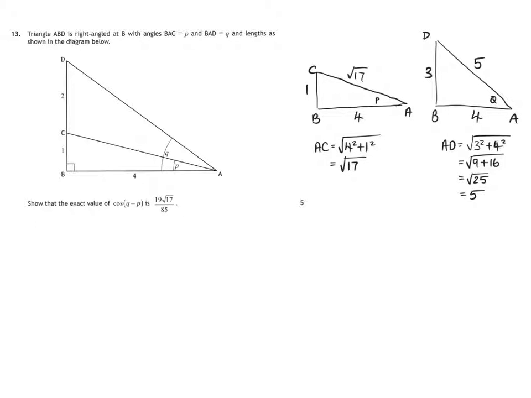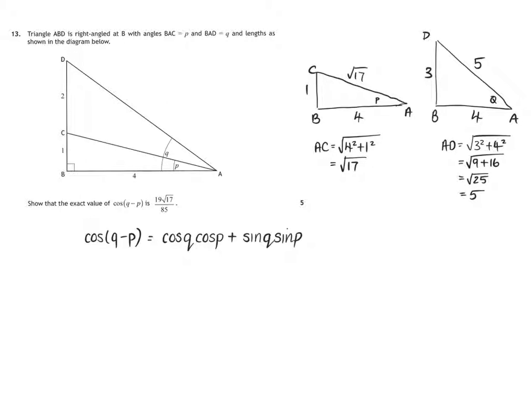So then, we take our cos (Q minus P) and we need to use our expansion. Okay, so that is equal to cos Q cos P plus sin Q sin P.